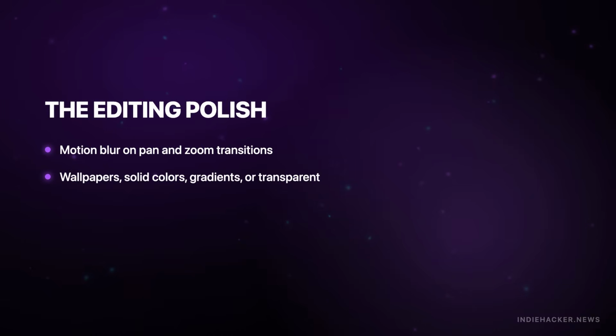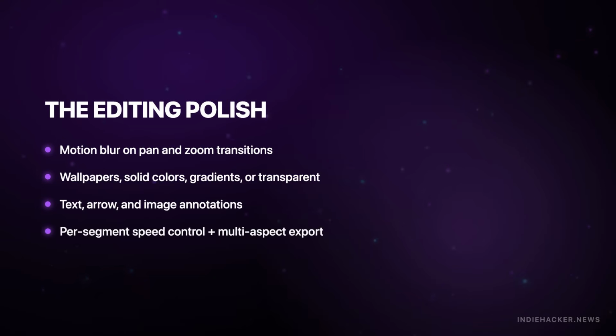For backgrounds you can pick from wallpapers, solid colors, gradients, or upload a custom one, and version 1.3 added support for transparent backgrounds at native aspect ratio. Annotations let you drop text, arrows, and images on top of the recording. You can speed up or slow down individual segments of the clip, and the export panel lets you pick aspect ratios and resolutions for whichever platform you're posting to.